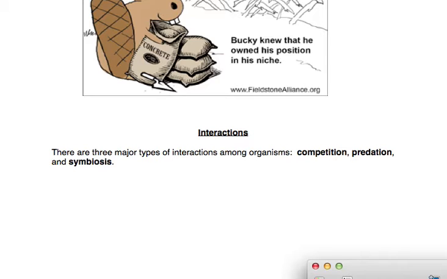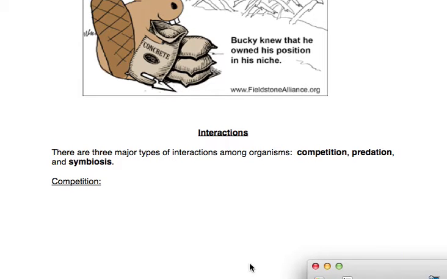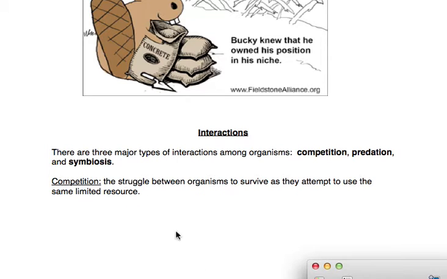Competition is the struggle between organisms to survive as they attempt to use the same limited resource. Sometimes this could include organisms of the same species, but it could also include organisms of different species. One of the things I like to think about is in the Amazon rainforest, the trees are really, really tall and you have that canopy that's way up.